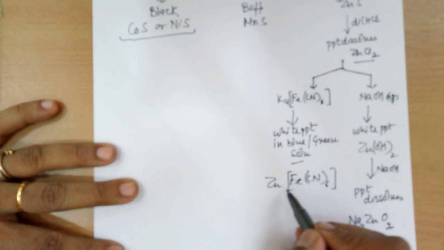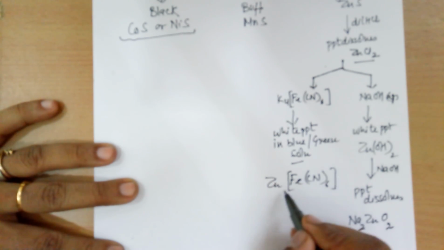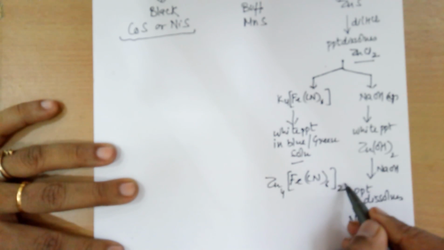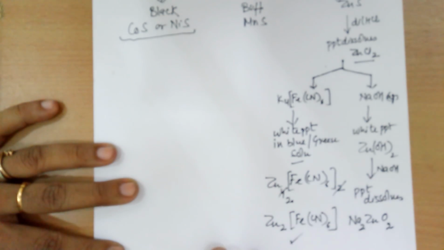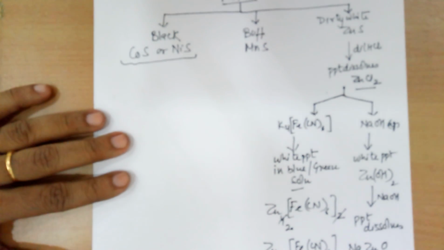Interchanging the 2, you get a 4 here and a 2 here, which cancels, leading to a 2 here. So the formula of this final PPT formed would be as this.